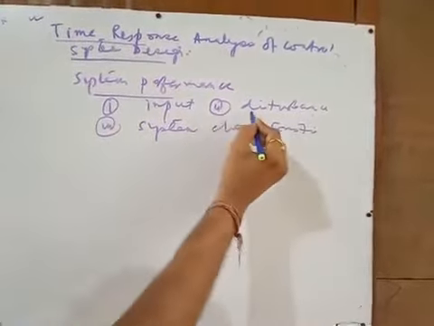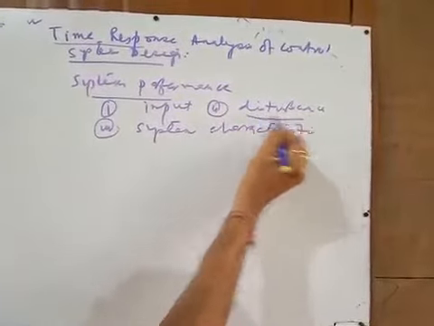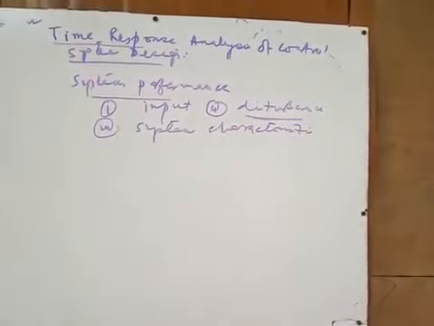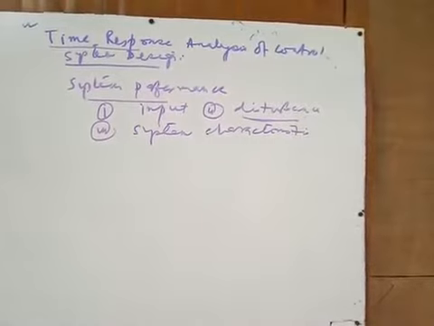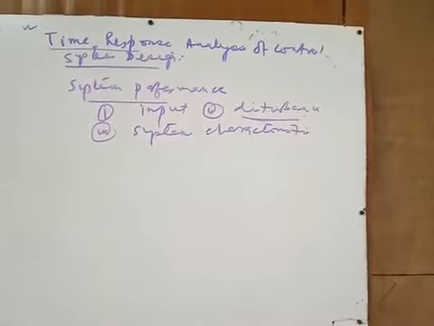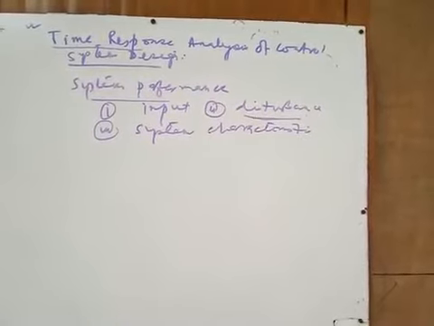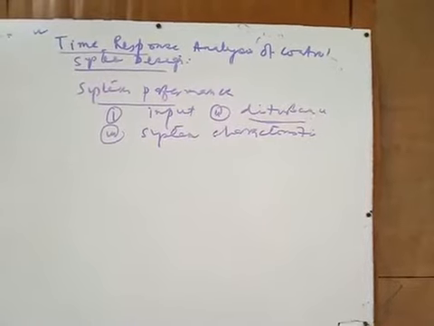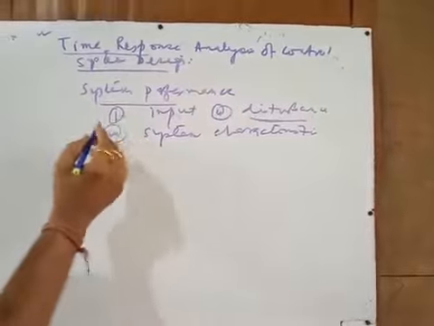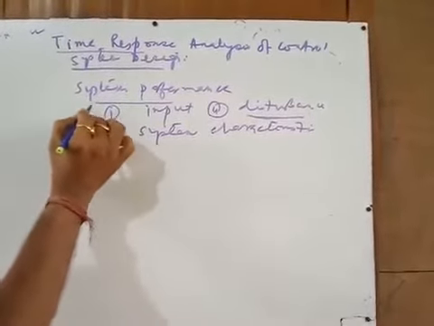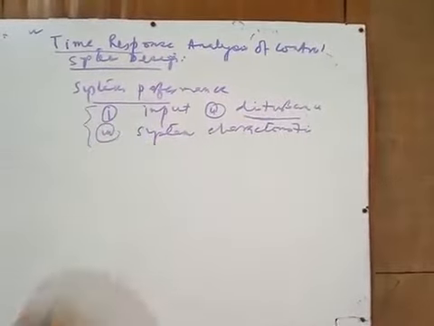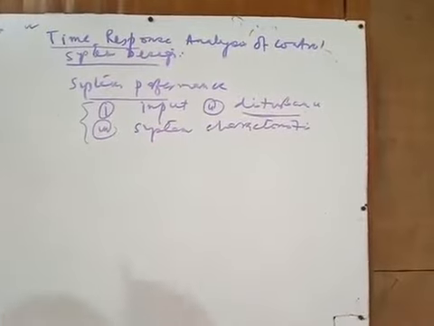We have neglected the disturbance part, or the system is designed such that the disturbance may be eliminated. It may not be completely eliminated, but maximum elimination of the disturbance is possible in most cases. So the system performance we will discuss here depends upon the input and system characteristics. Now what about this input?